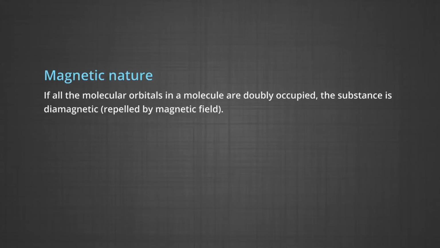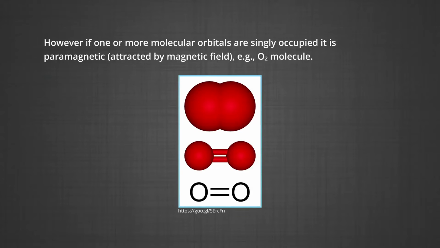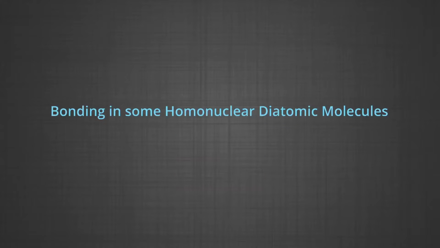Magnetic nature. If all the molecular orbitals in a molecule are doubly occupied, the substance is diamagnetic. That is, all electrons are paired and it is repelled by the magnetic field. However, if one or more molecular orbitals are singly occupied, that is, unpaired electrons are there, it is paramagnetic, it is attracted by the magnetic field. For example, oxygen molecule.